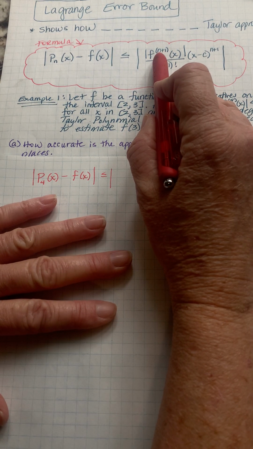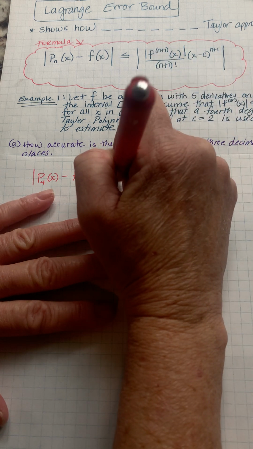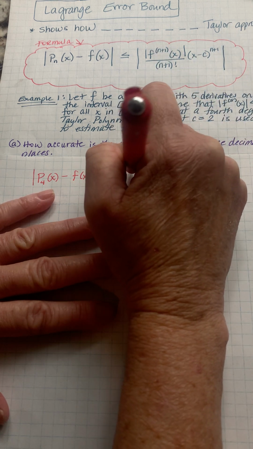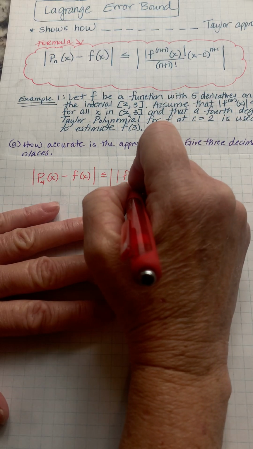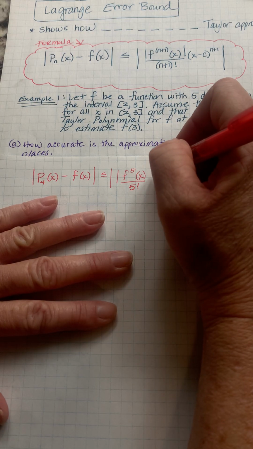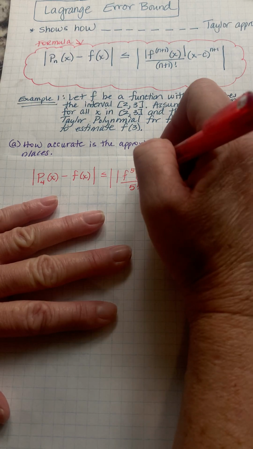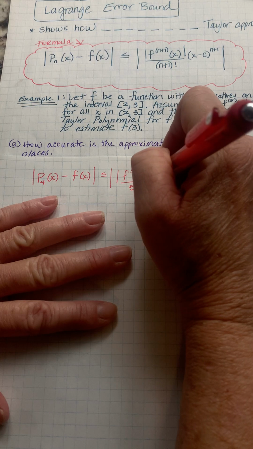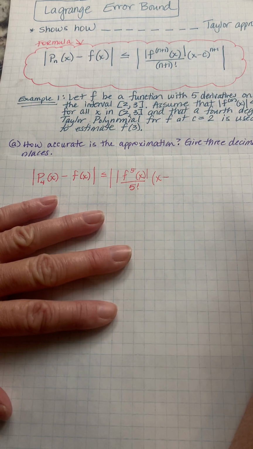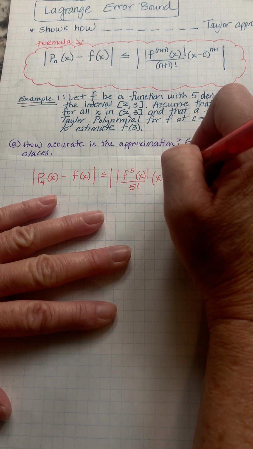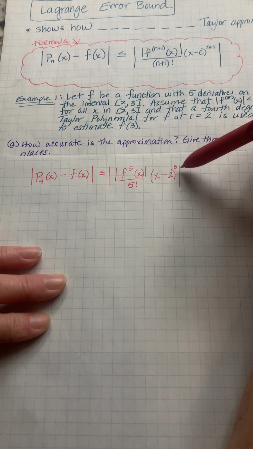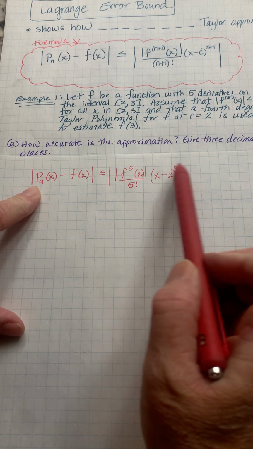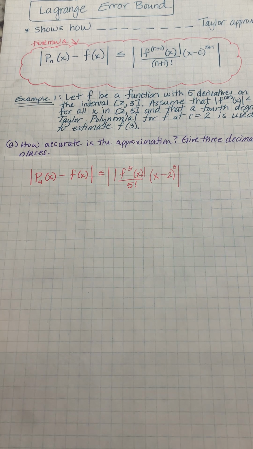Since n is a 4, this is going to be the 5th derivative of x over 5 factorial. And then we have x minus the center. Remember they said c equals 2, so that's going to be x minus 2 raised to the 5th power. I almost missed it. So if this is a 4, these are to the 5th. These are all 5s over here.